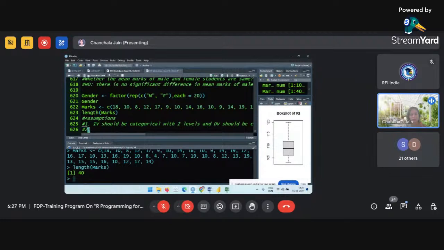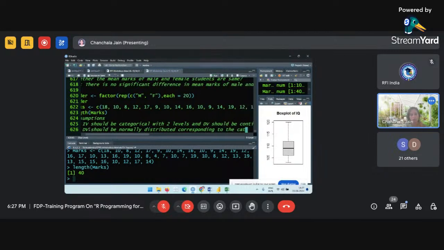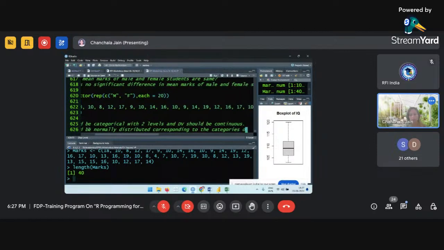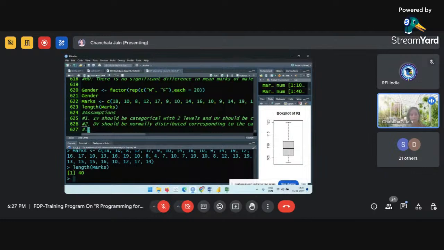The second assumption says the DV should be normally distributed corresponding to the categories of the IV.